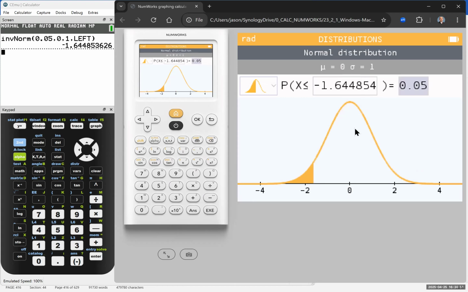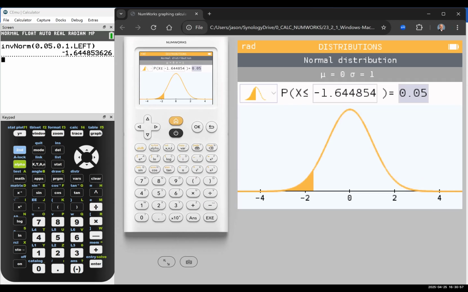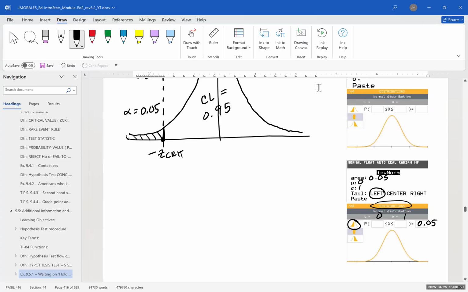So hit execute, and we get negative 1.645, which is the same thing we got with the Texas Instruments there. So this is going to tell us that our negative Z critical value is negative 1.645.